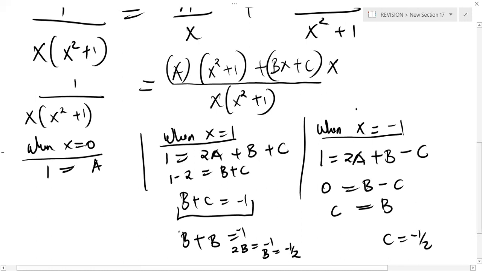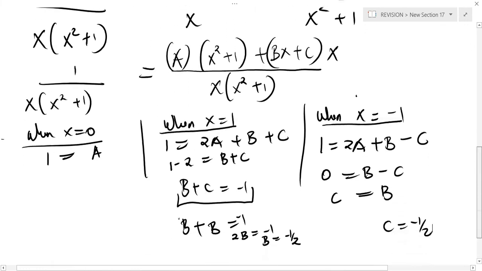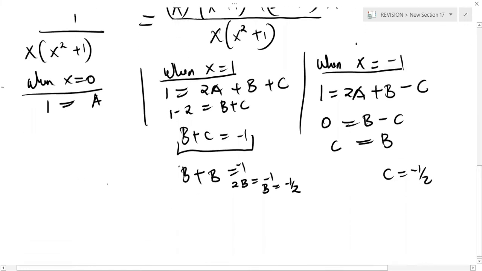Then replacing these values into our equation, A is 1, so we have 1 over x, plus Bx plus C, so minus a half x minus a half, all divided by x squared plus 1.